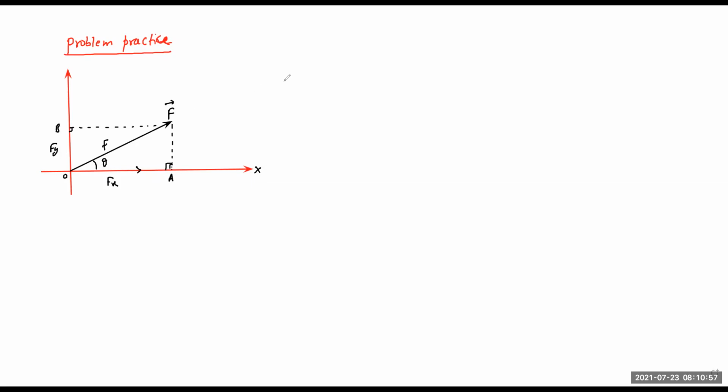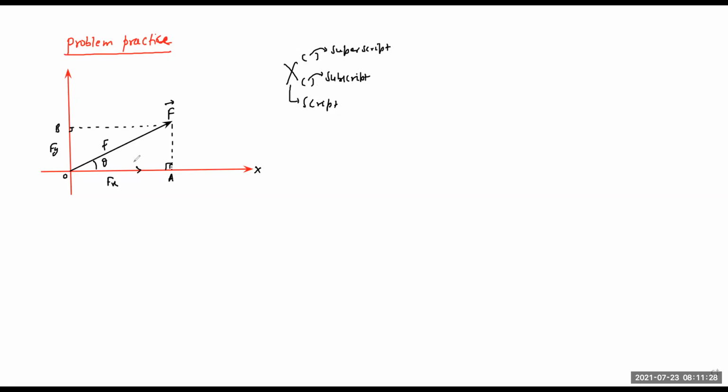Sub means subscript. For every alphabet, we all know the top is called script, this is called subscript, and this is called superscript. These are some notations that we regularly use.